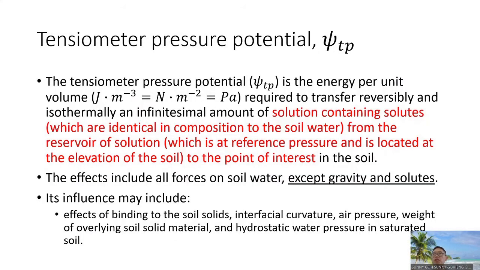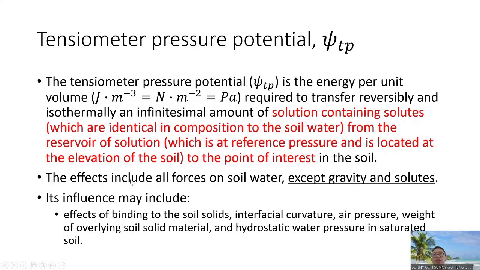Tensiometer pressure potential. The tensiometer pressure potential is the energy per unit volume required to transfer reversibly and isothermally an infinitesimal amount of solution containing solute, which is identical in composition to the soil water, from the reservoir of solution which is at reference pressure and is located at the elevation of the soil, to the point of interest in the soil.